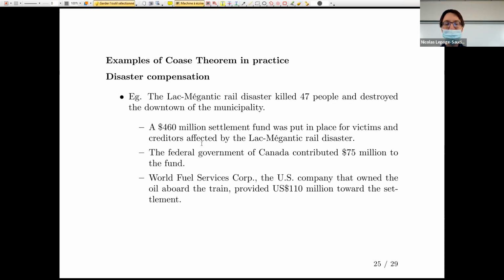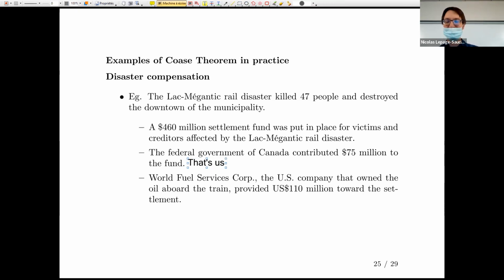But what's very bad is that the company didn't pay all of that. They paid some of it, but the federal government of Canada contributed 75 million to that. So who's that? That's us. So we partly paid for their destruction of the town.